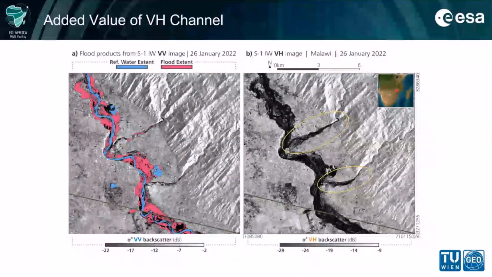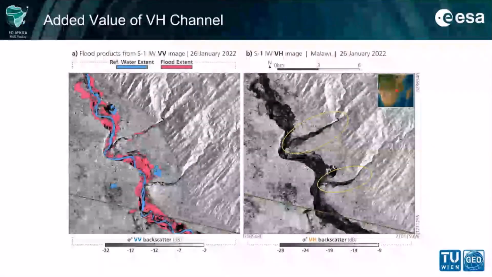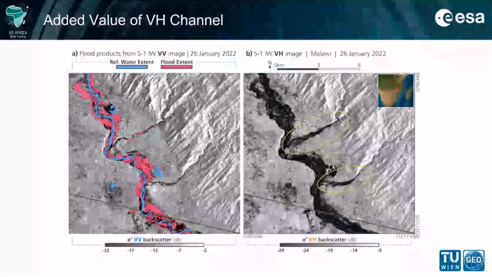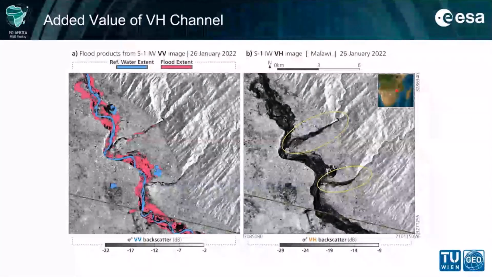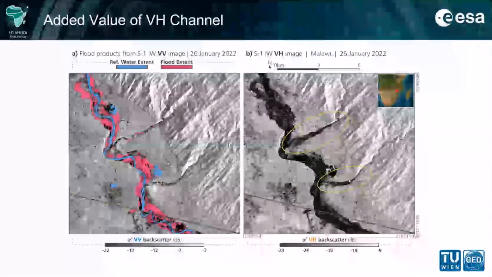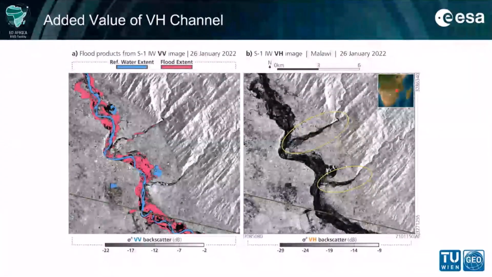We have observed that in particular, VH can be very useful for detecting low vegetation that is covered by water. Here on the left side, you see the results from the GFM, and on the right, the VH image, showing that the extent of the flooding is much more apparent along those two river courses than it is in the corresponding VV data.